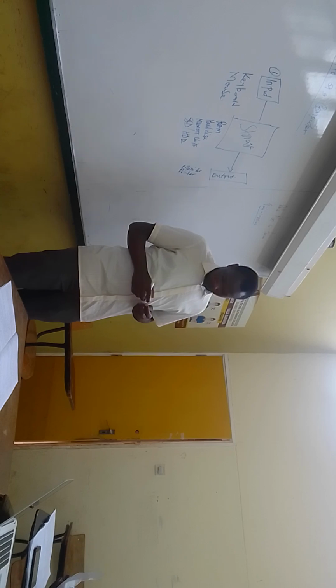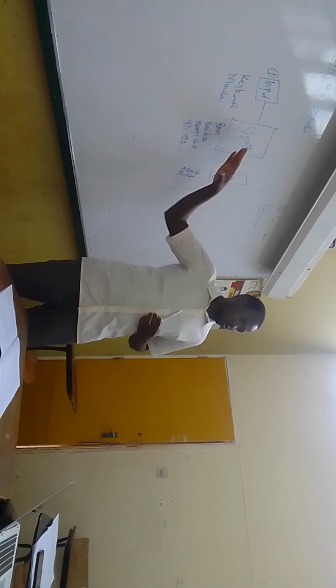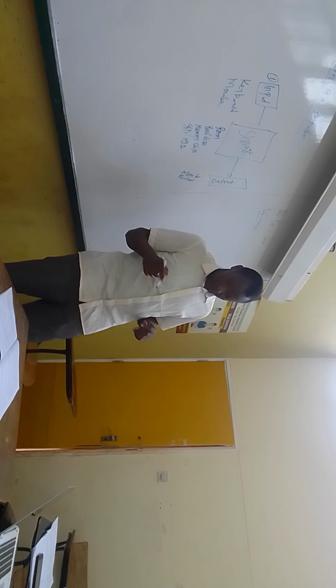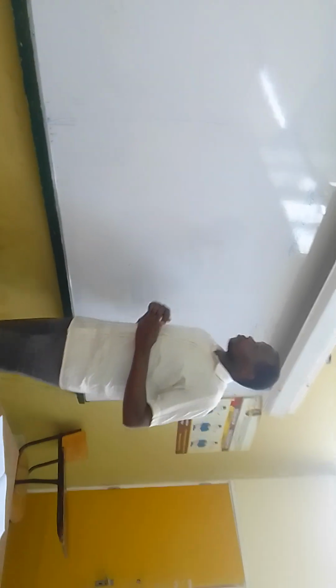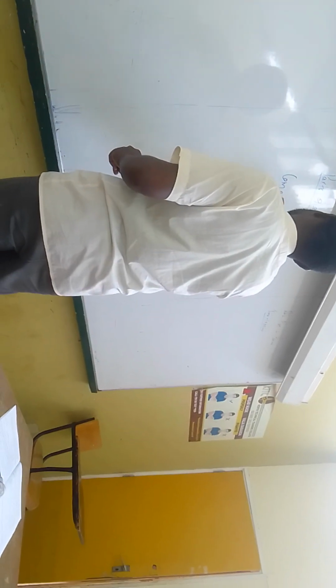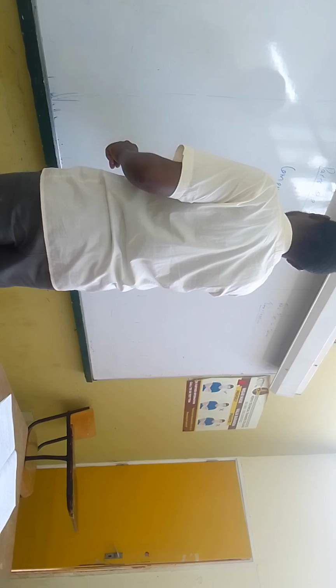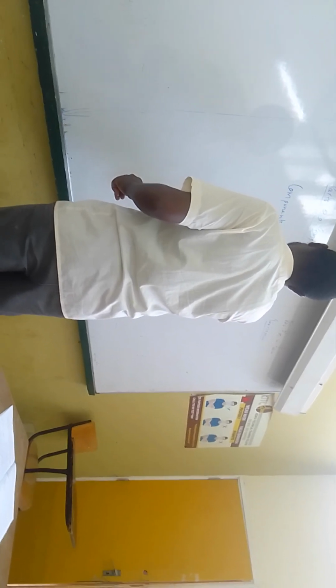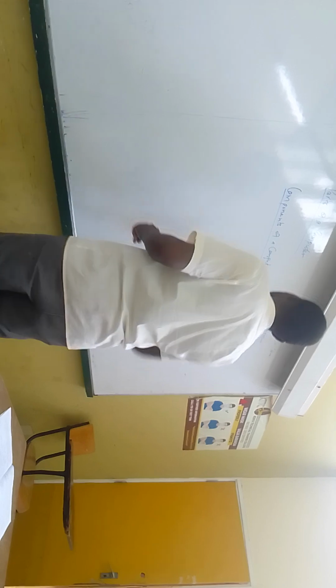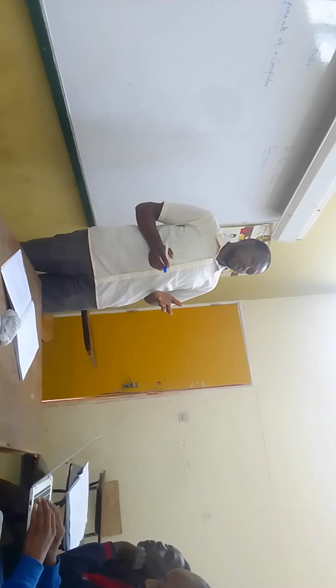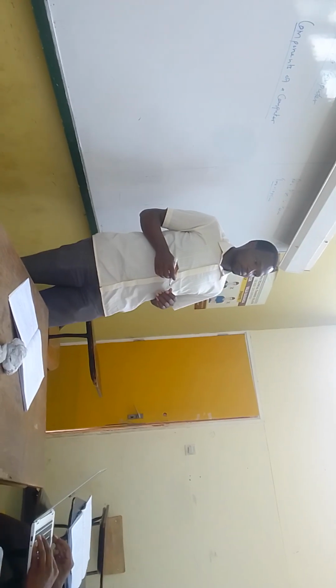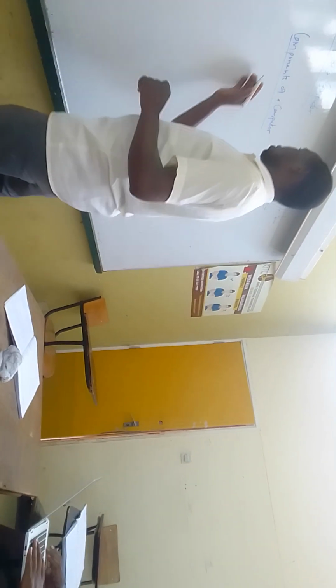What was our second objective? These are the simple parts of a computer. What follows is the second objective, components of a computer. When we talk about components of a computer, we simply mean what makes up the whole system of a computer.